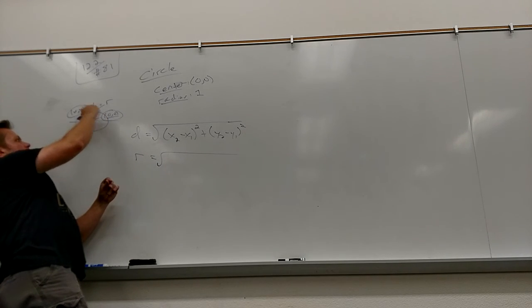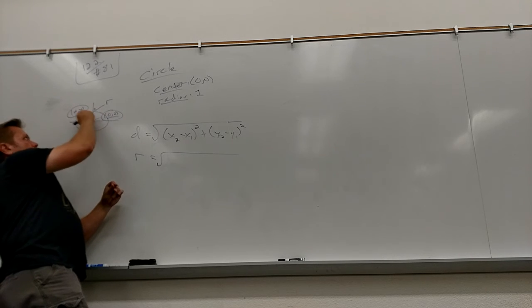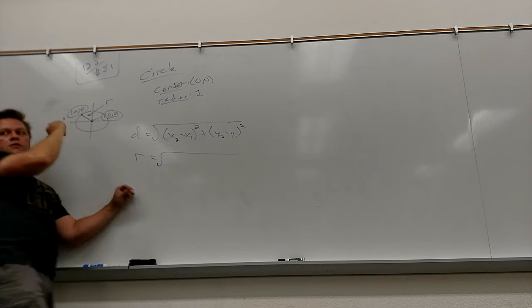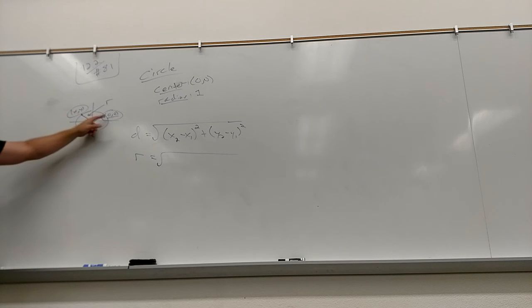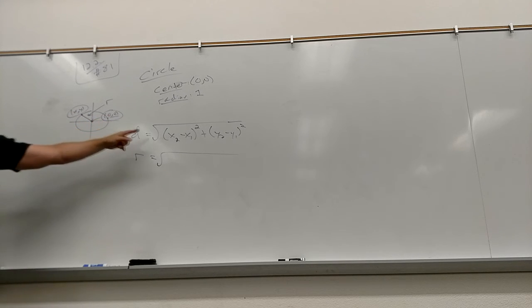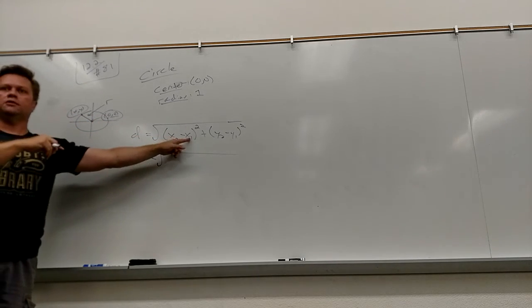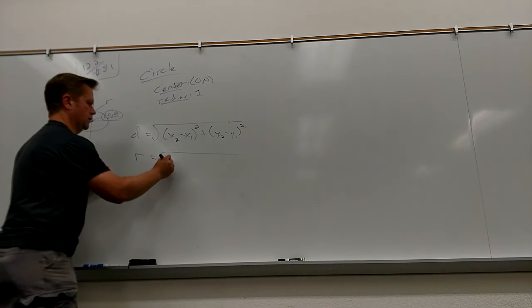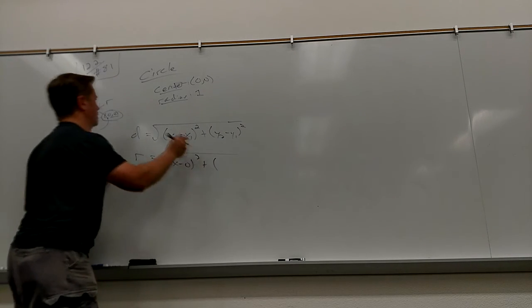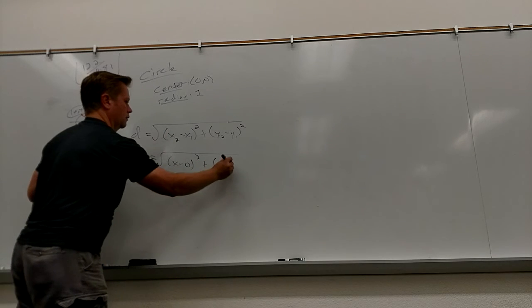So what's the difference in the x's between these two points? x minus 0, right? x minus, what's one point? x. What's the other point? 0. So x minus 0 squared plus y minus 0 squared.